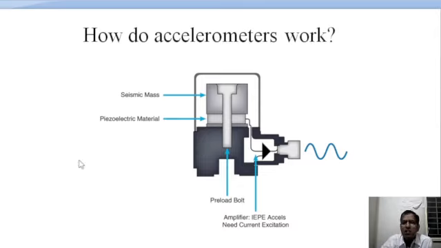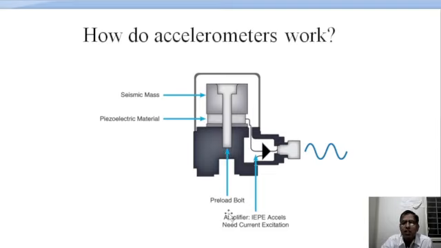So this is the internal construction of an IEP type accelerometer. Here a mass is suspended with a preload bolt, and in between there is a piezoelectric material.